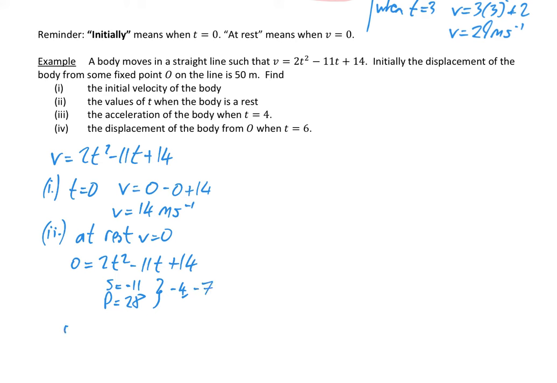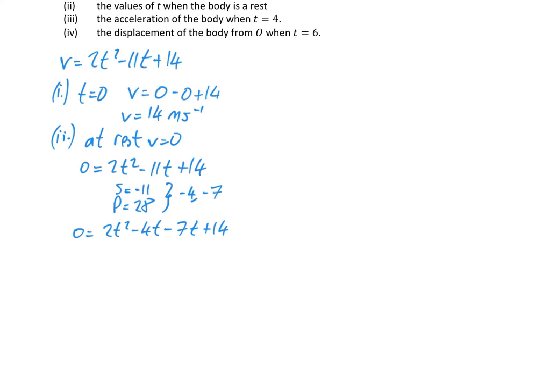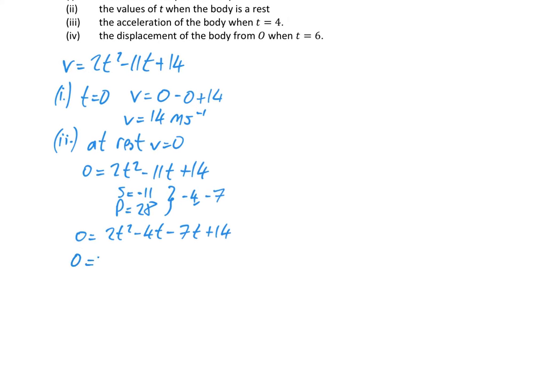So I'm going to rewrite my equation as 2t squared minus 4t minus 7t plus 14. And then we're going to factorize the first two terms completely, pulling out a 2t, leaving you t minus 2, and minus 7 times t minus 2, which means 0 is equal to t minus 2 times 2t minus 7.